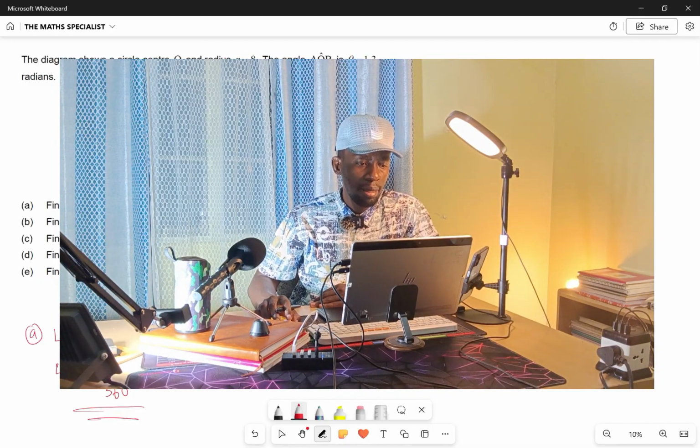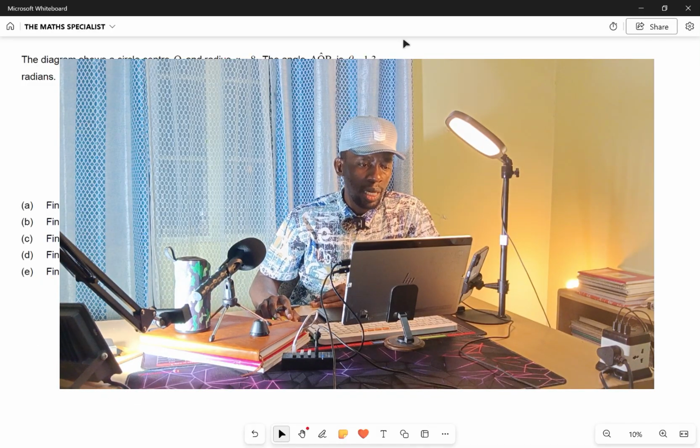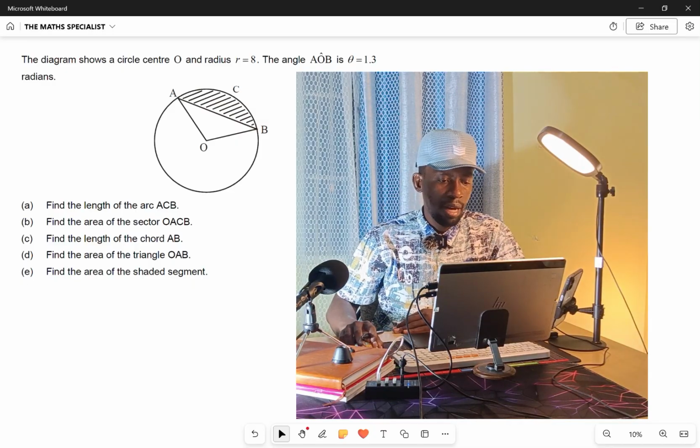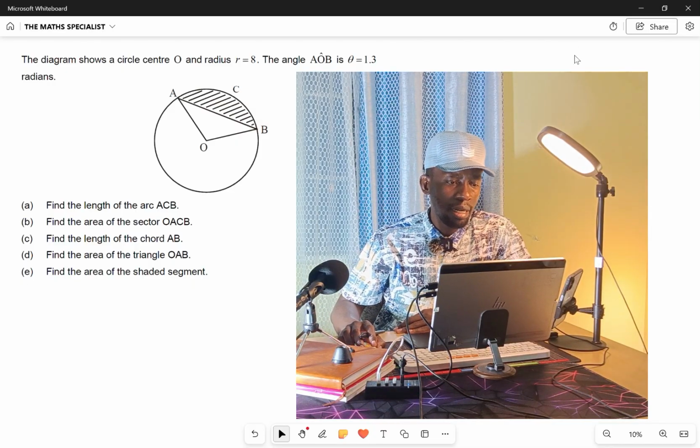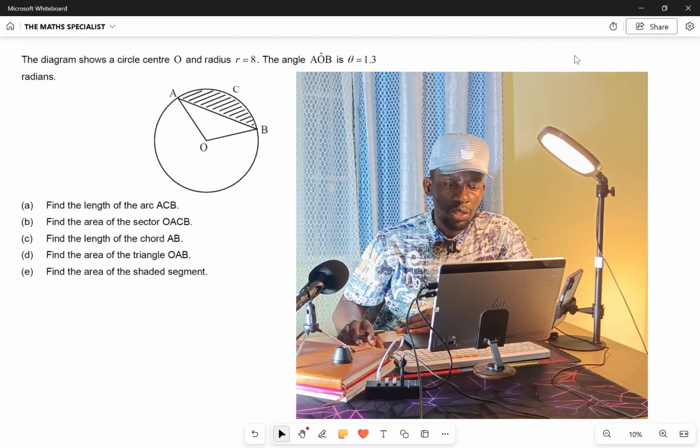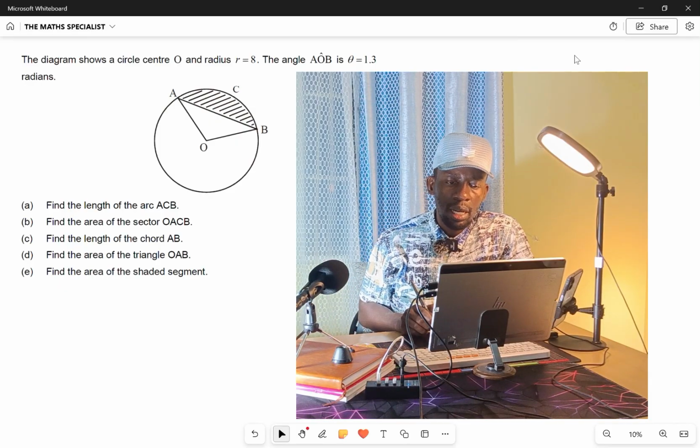It says the diagram shows a circle with center O and radius R, which is 8, and the angle AOB, which is given by theta, equals 1.3.